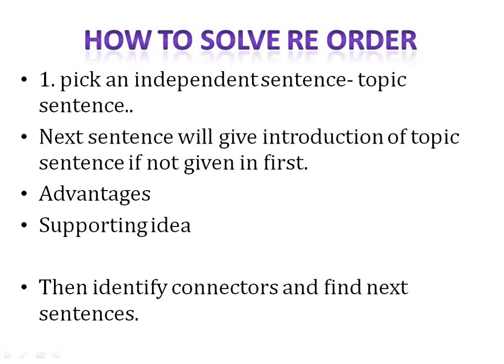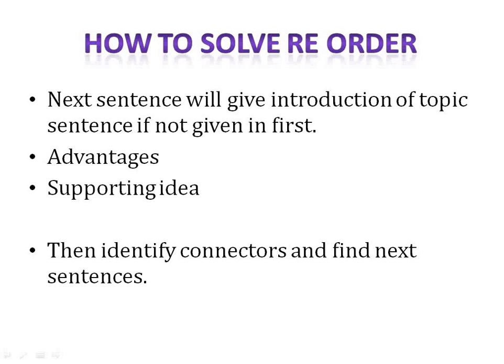So next, in order to find the next sentences, you need to identify the connectors, how they are related to each other, what's the sequence and what's the coherence, how they are related to the first sentence, these following paragraphs. So next is this example.